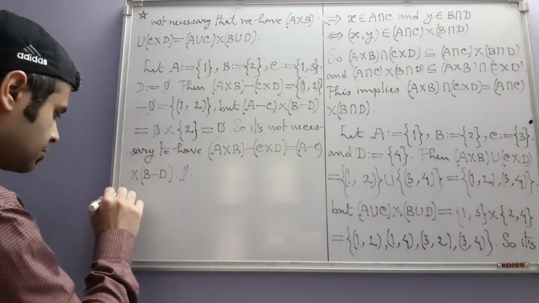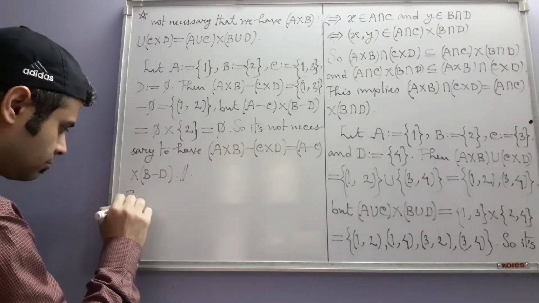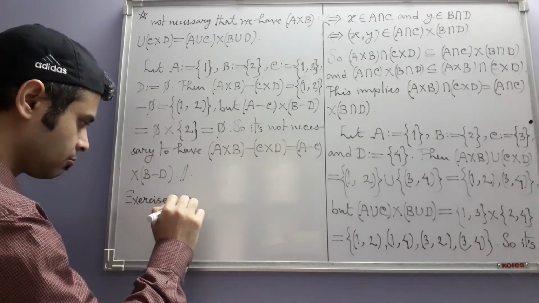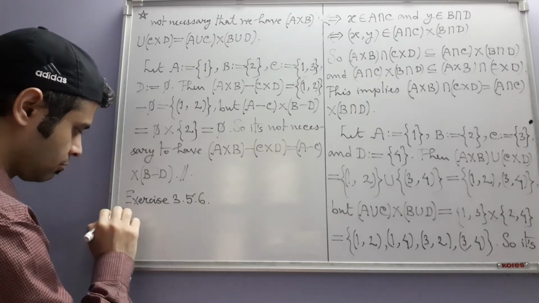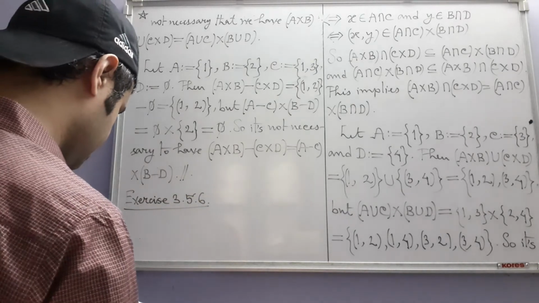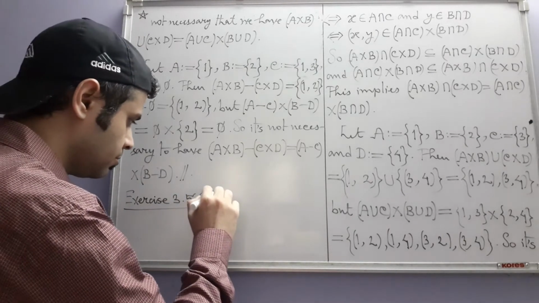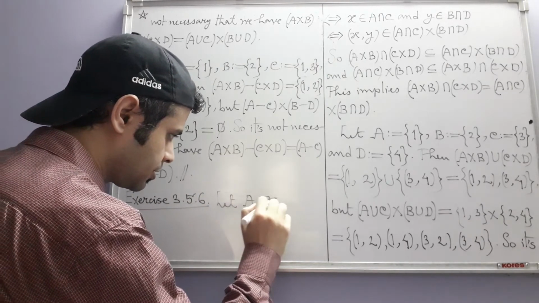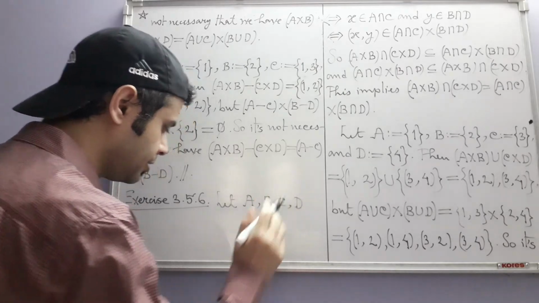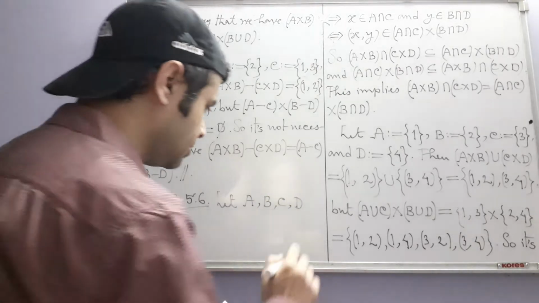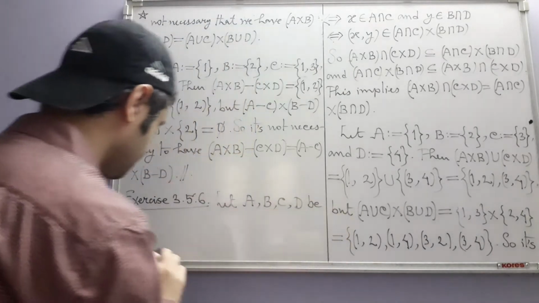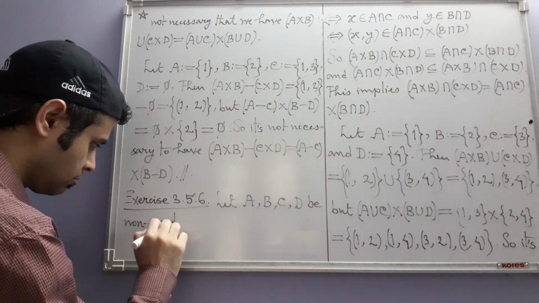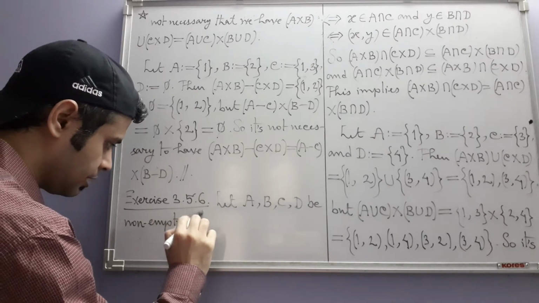So this is the sixth one. Now also we have 4 sets, but an additional condition is given. They are non-empty sets.